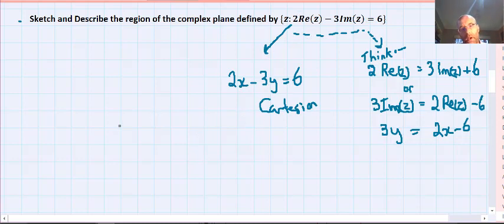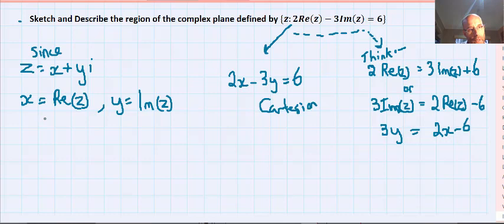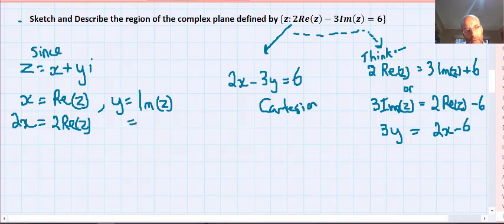Another way of justifying this that's a bit more solid perhaps is like so. We know the real z times 2 is 2x, and we know that if y equals imaginary z, if we've got 3 times imaginary z, we've got 3y.